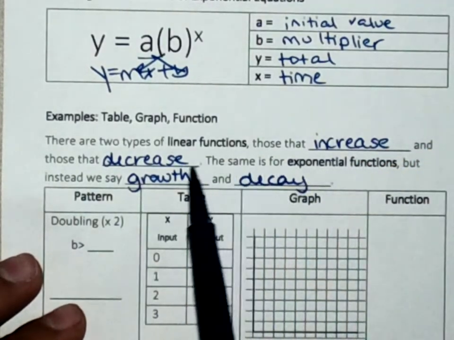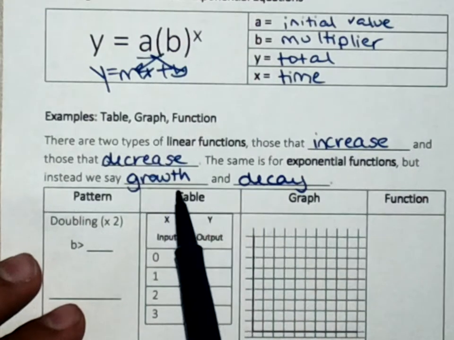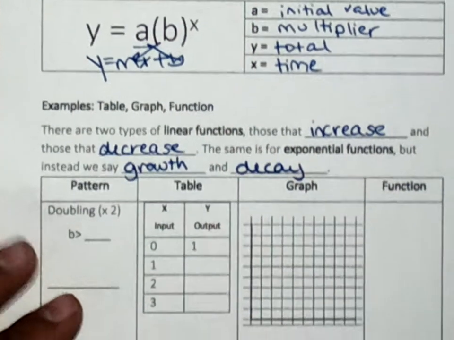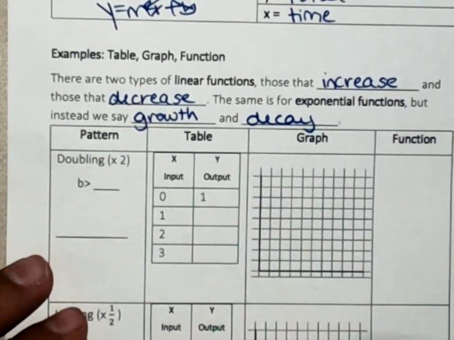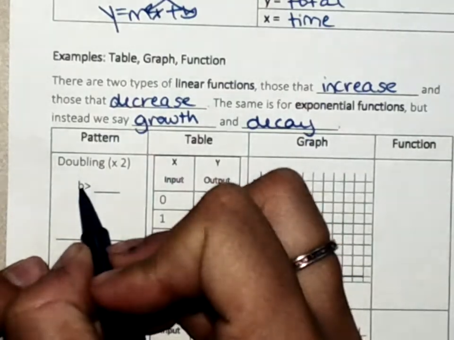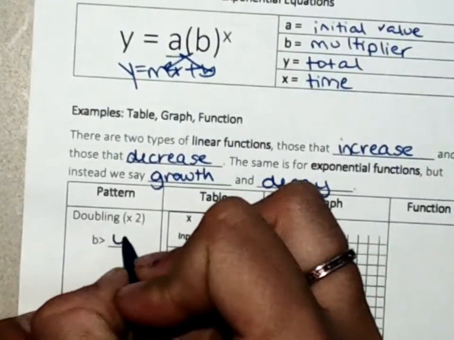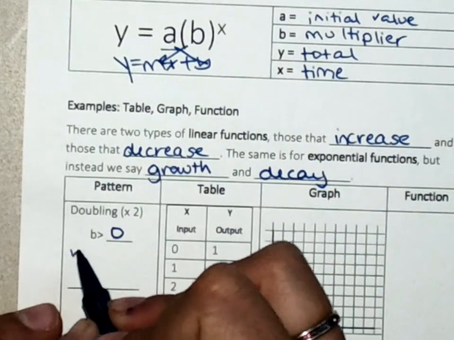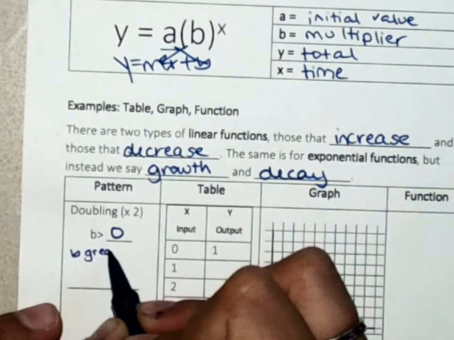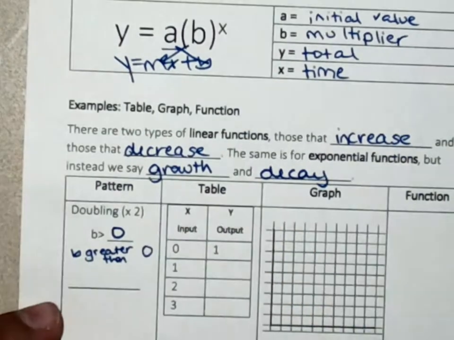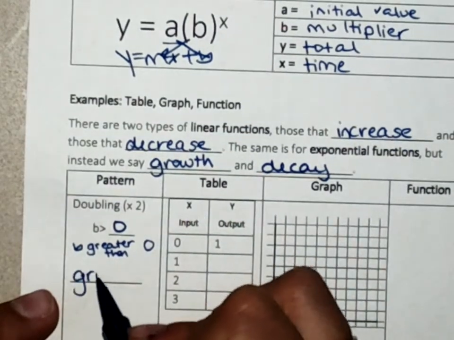This is typically because we use exponential functions to describe scientific experiments. So in our first example, we're going to be doubling. Whenever b, which is our multiplier, is greater than 0, that means that we have a growth function.